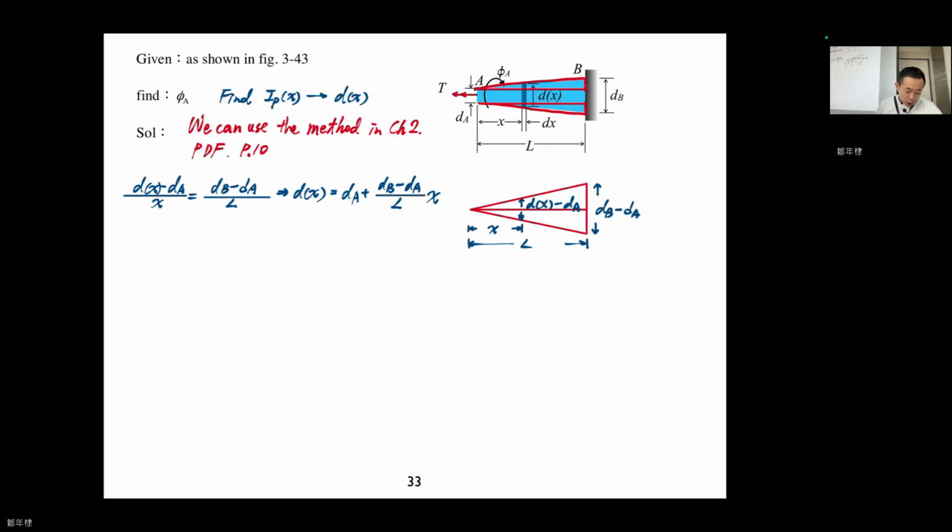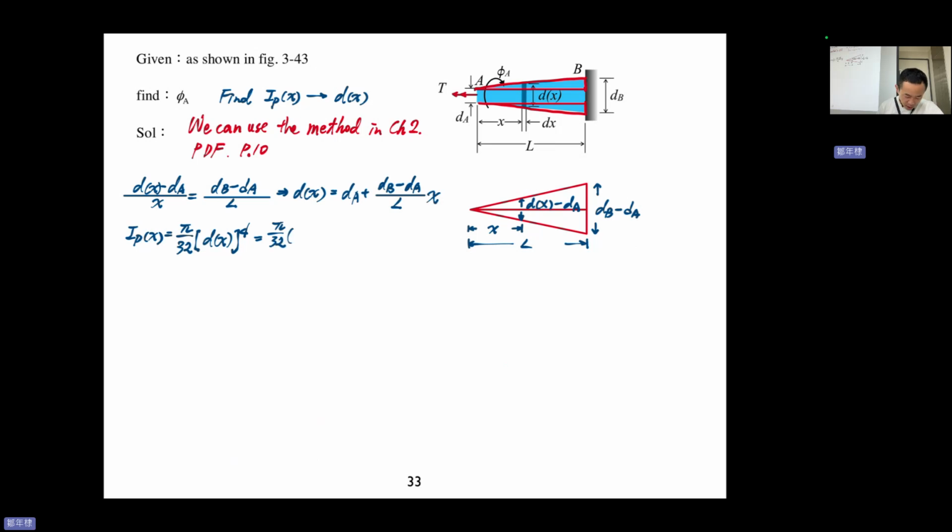And the good thing is that, after I have determined dx, we can obtain IPX, right? IPX is pi over 32 times dx to the power 4.